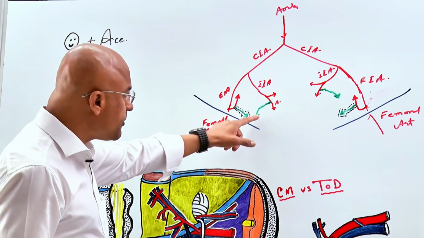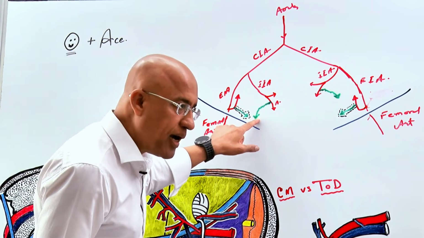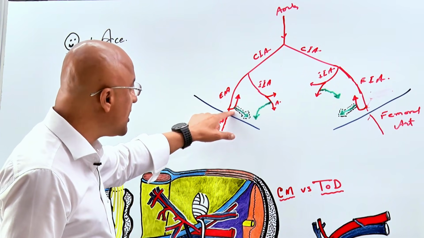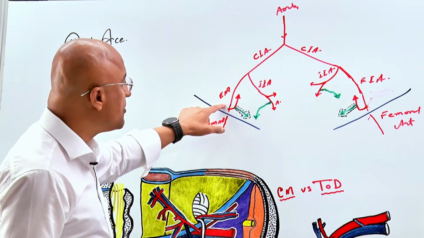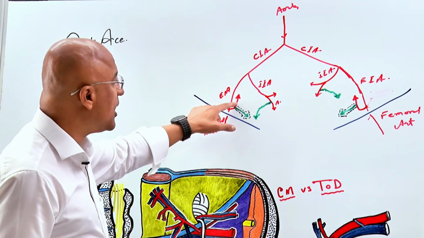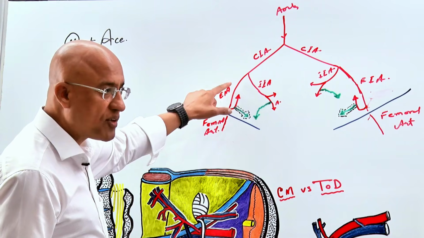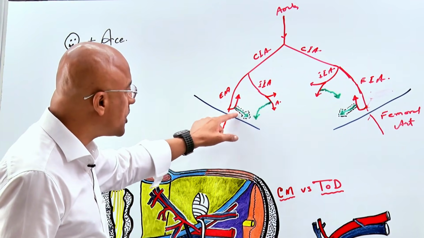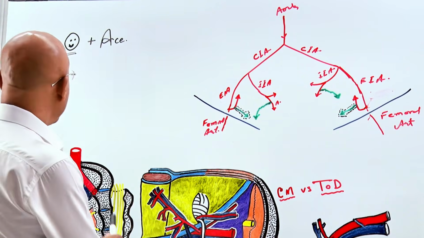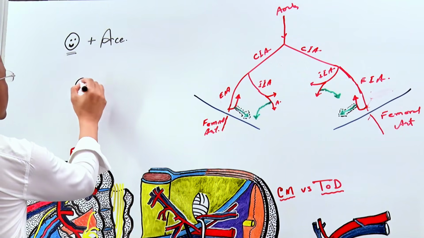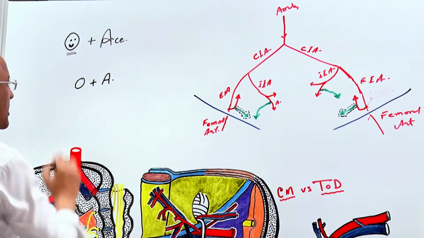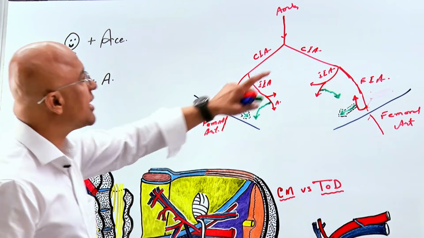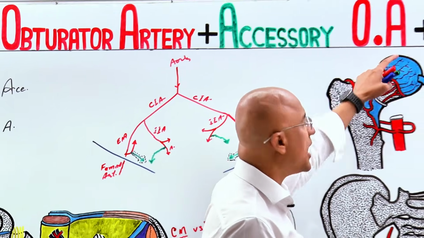But if there is additional supply coming from the external iliac system, more commonly from the branch of the external iliac artery called the inferior epigastric artery, and there are two obturator arteries, we will say there is O plus A. This patient is O plus A. Now, this artery which is additional is called the accessory obturator artery.